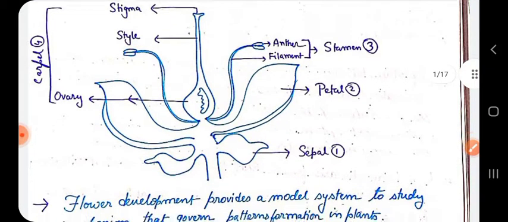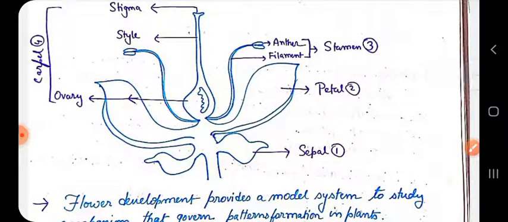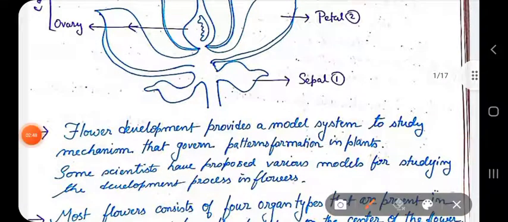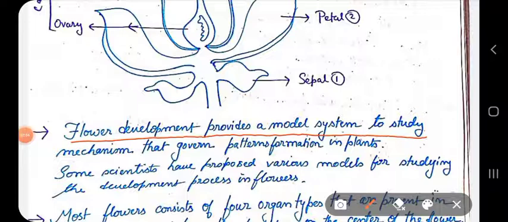Now, let us study in detail. It has been said here that flower development provides a model system to study the mechanisms that govern pattern formation in plants.